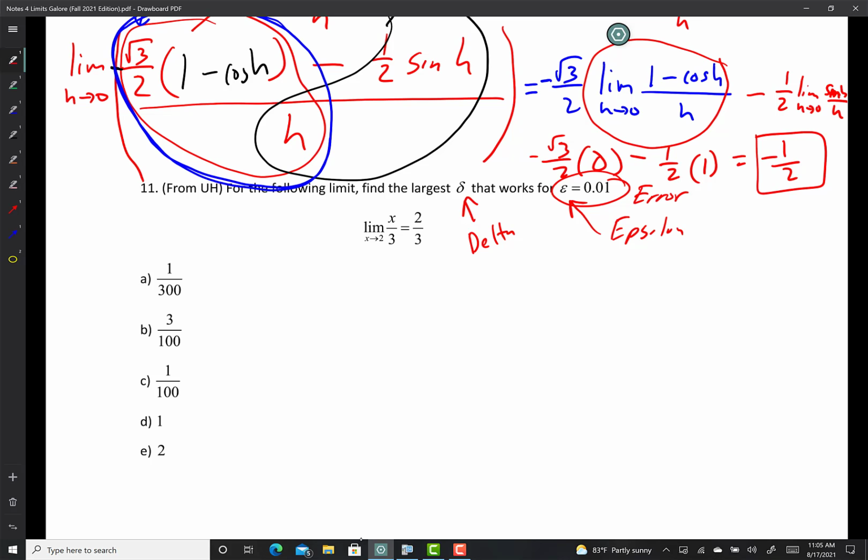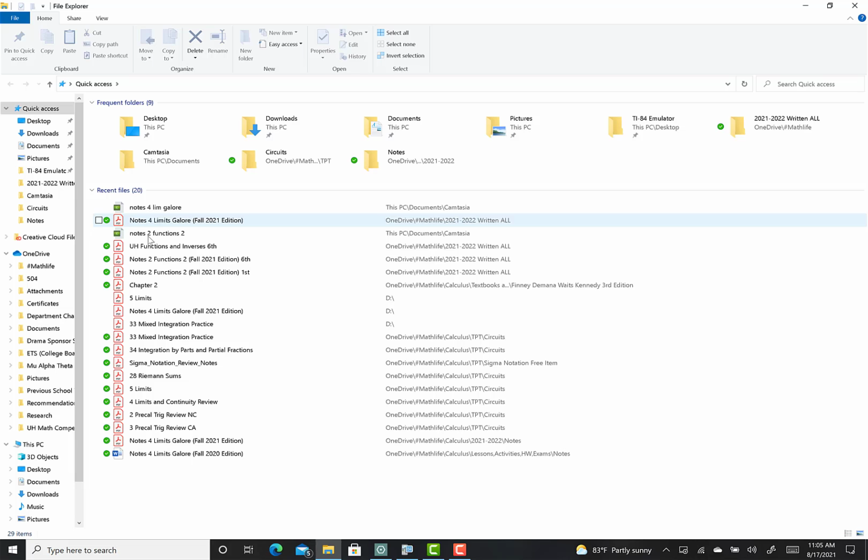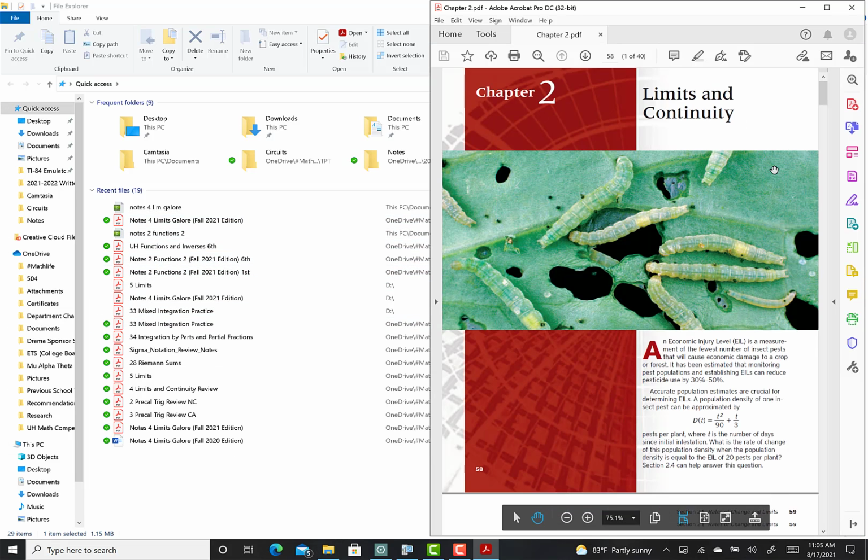All right. So what all this means, it says, for the following limit, find the largest delta that works for epsilon equals 0.01. Well, what it means is this. Let me find the textbook so you can see. Chapter 2. So check it out, guys. Here's my textbook.